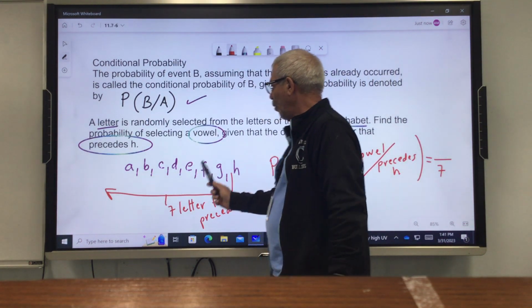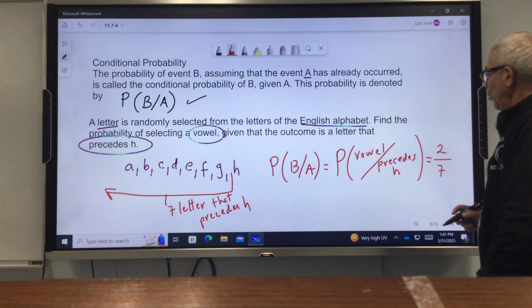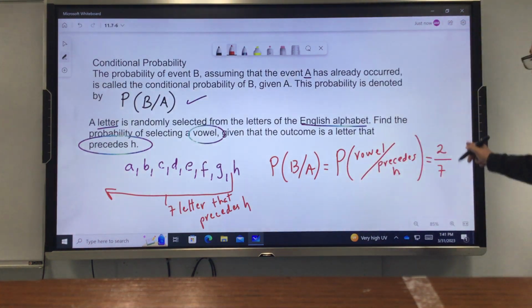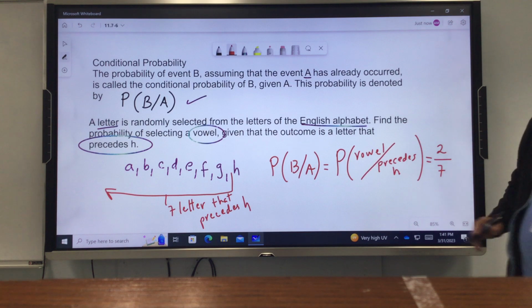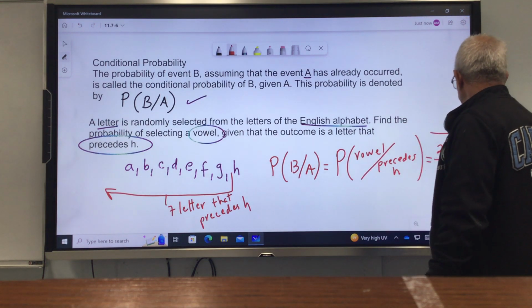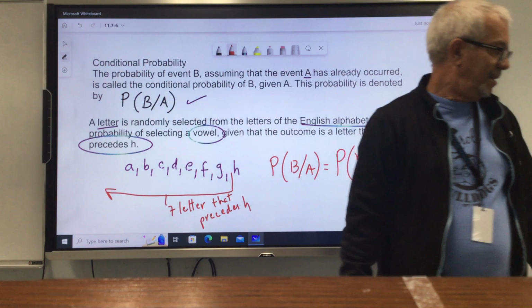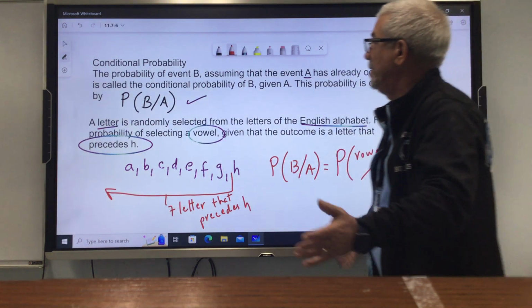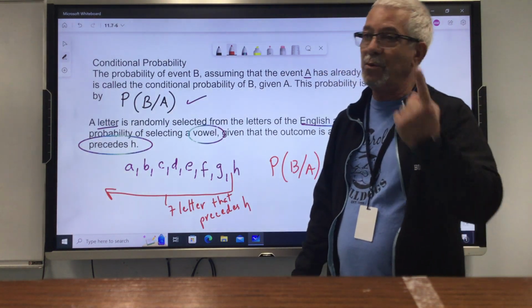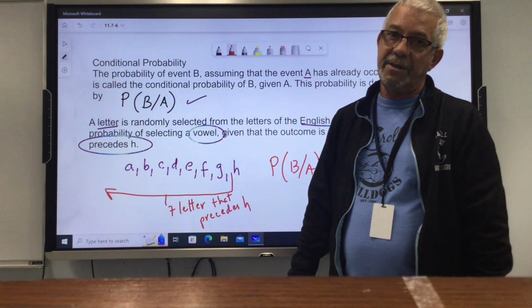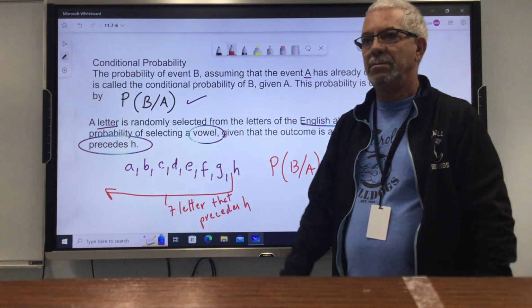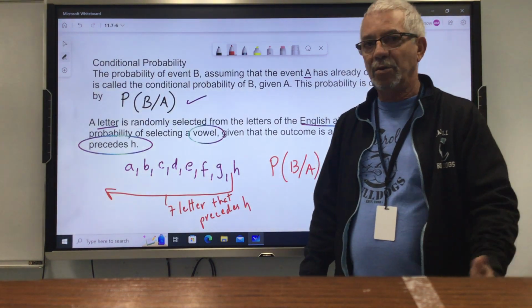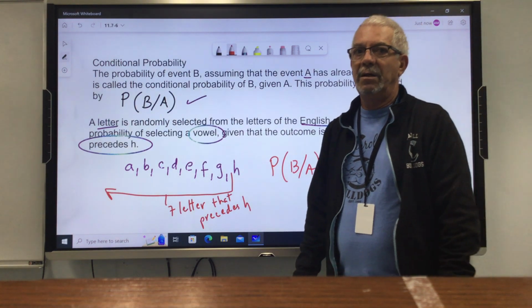A and E. We have only 2. Then my numerator will be 2. 2 over 7. Alright? In that case, if they want a decimal, but that can be the final answer: 2 over 7. And that's it for 11.7. For 11.7, we have only one question in the test. Anyway, I will tell you how many questions we have in total from each topic. Okay?